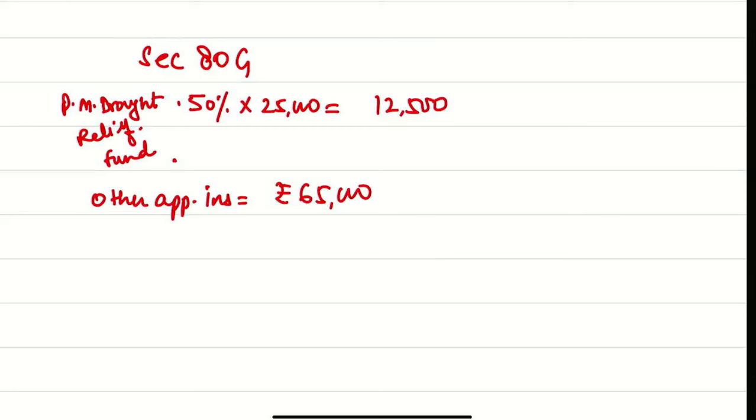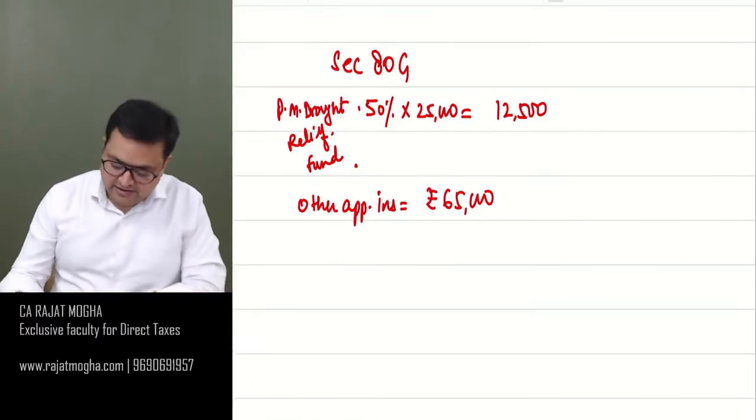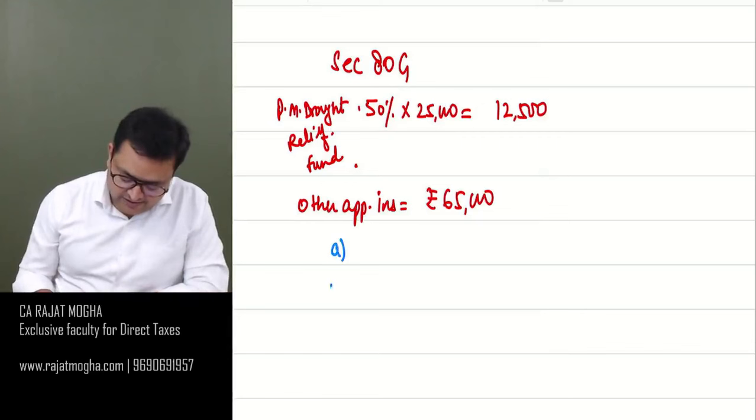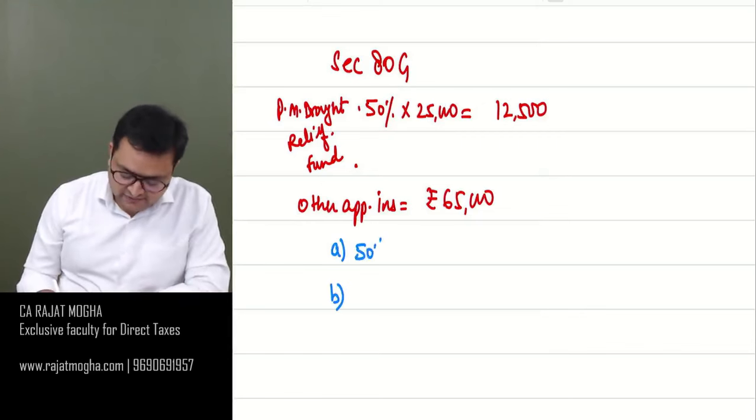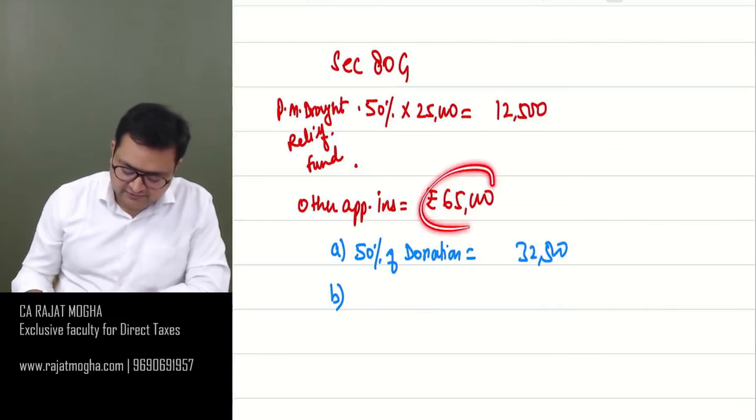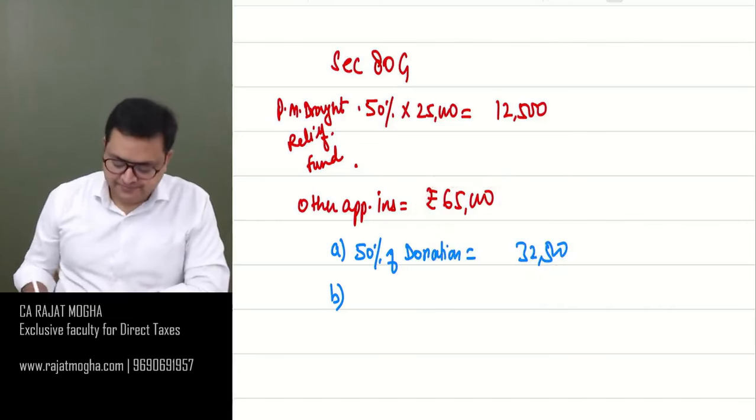Now how much will he get? He will get A or B, whichever is lower. A is 50% of the donation. That is, 50% of 65,000, which is 32,500.